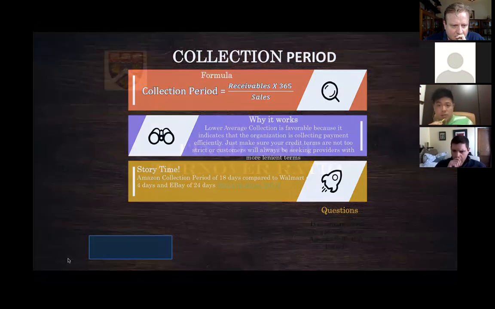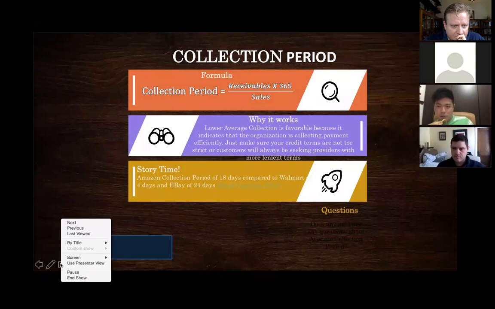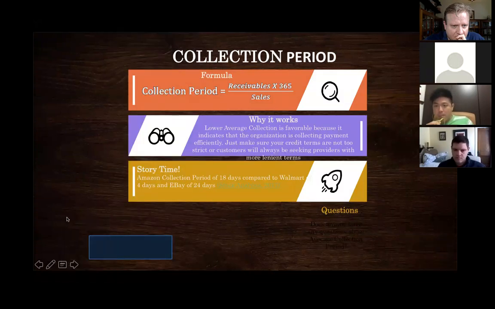If you look at that website, it shows that Amazon takes about 15 to 18 days to collect its money, while Walmart collects on average in 4 to 5 days. The number is significant because the lower the number, the better.